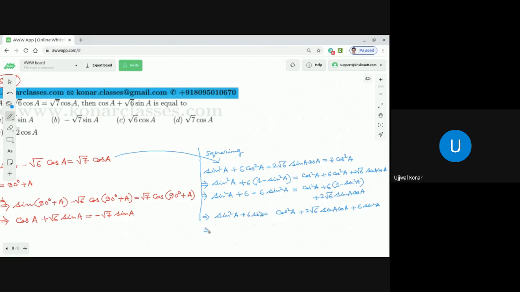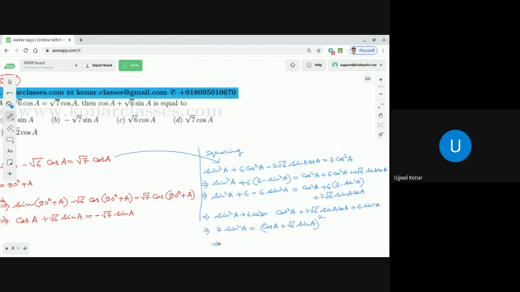Because that will help me to express the right hand side as cos A plus root 6 sine A whole square. So 7 sine square A is equal to (cos A plus root 6 sine A) whole square.